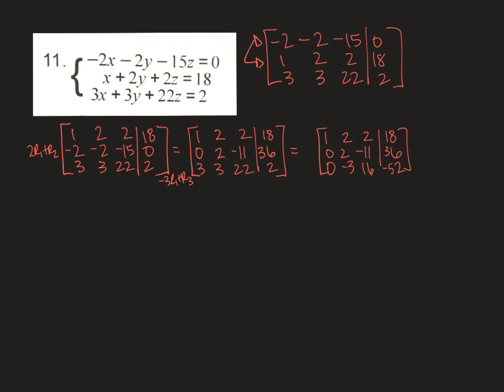So now I want to get my negative 3 to become a 0. So I'm going to multiply my second row by 3 and my third row by 2. So my first 2 rows are going to stay the same.